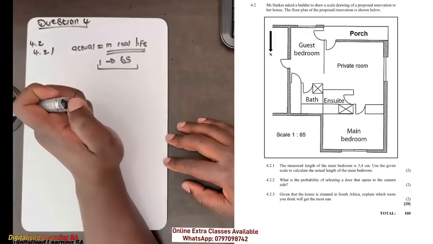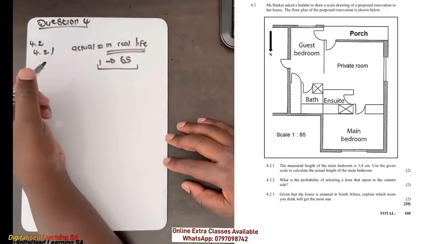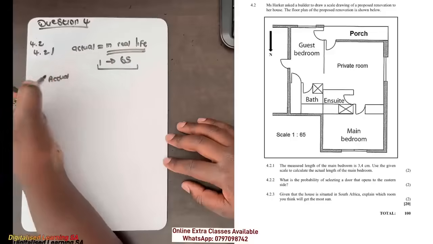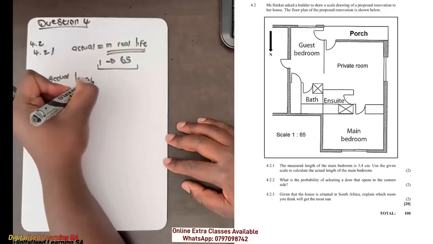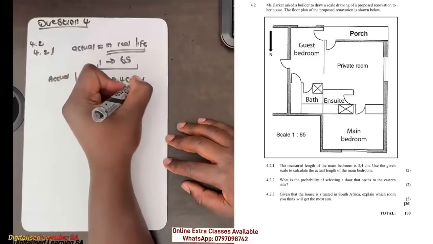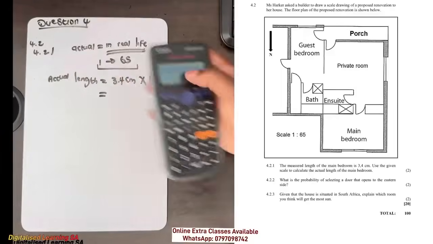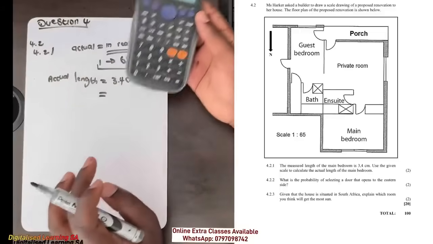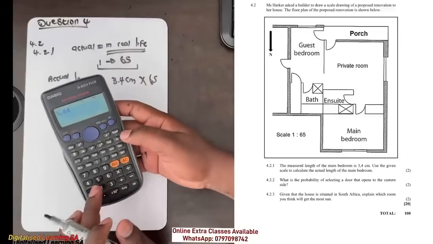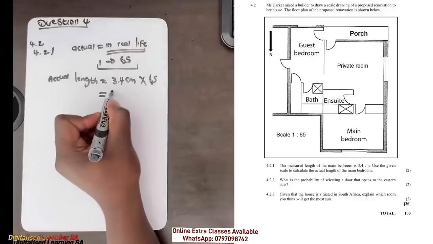To calculate the actual length, we multiply: 3.4 centimeter multiplied by 65, and our answer should be 221 centimeters.